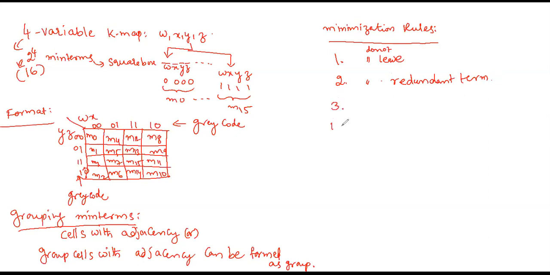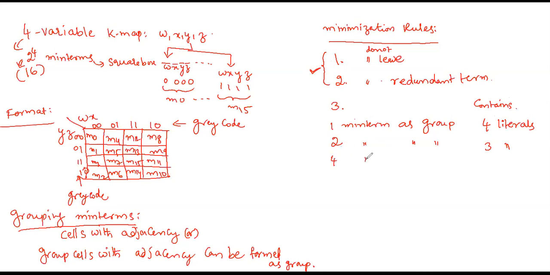Third, one minterm as a group. The first two points are the same for 2-variable, 3-variable and 4-variable. One minterm as a group contains 4 literals, since this is the 4-variable K-map. If you form 2 minterms as a group, it contains 3 literals.